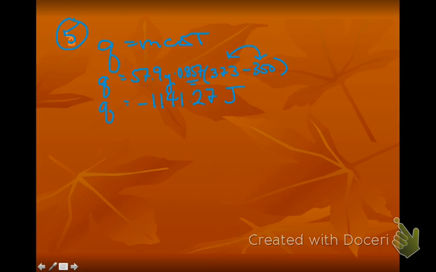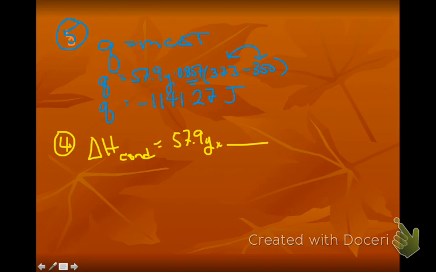So then we can move on to section 4 of our graph, which would be the delta H of condensation portion. And that is going to be equal to our 57.9 grams of carbon tetrachloride.